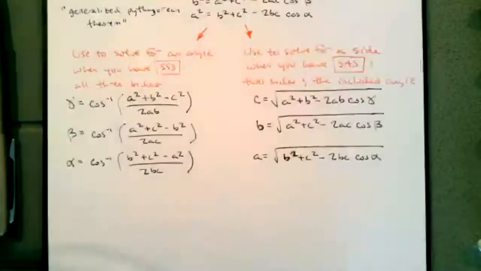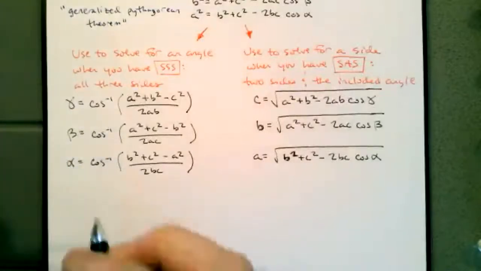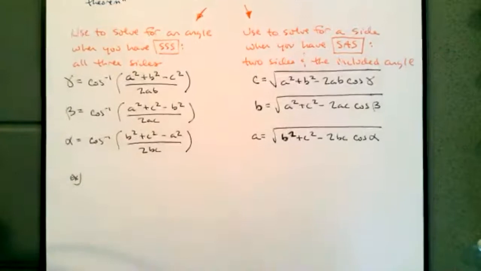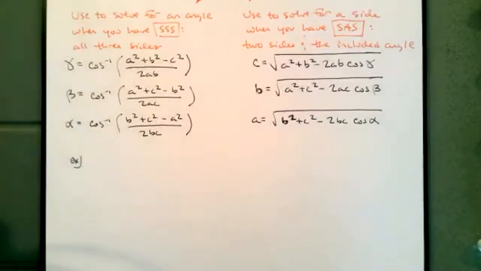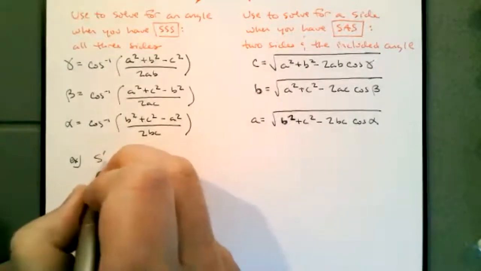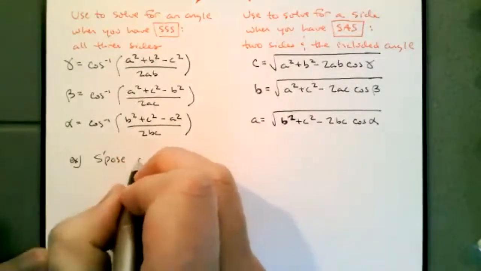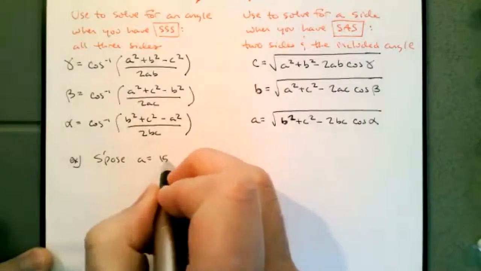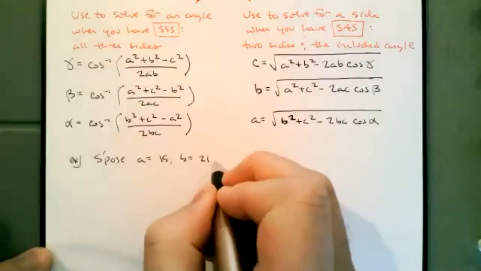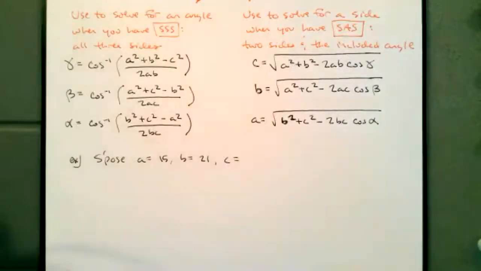Let's look at an example. Let's suppose that side A is equal to 15, side B is equal to 21, and side C has to be less than the sum of these two. So 15 and 21 is 36.